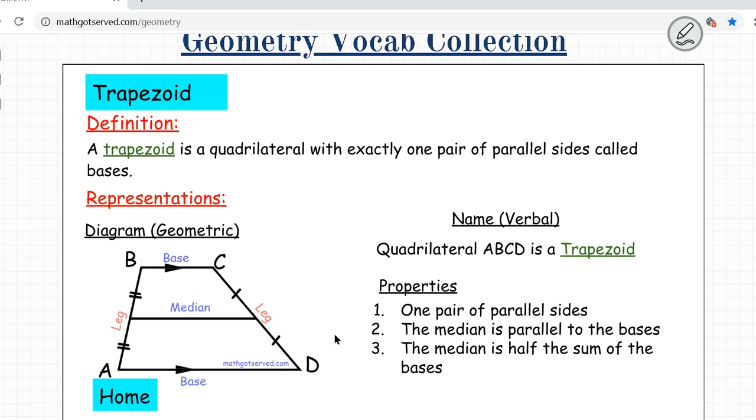The important property concerning the relationship between the median and the bases is captured here in property number 3, which is that the median is half the sum of the bases. Basically, if you find the average of the lengths of the bases, you get the median. Just add both of them together, divide by 2 or multiply by 1/2, and you're good to go.